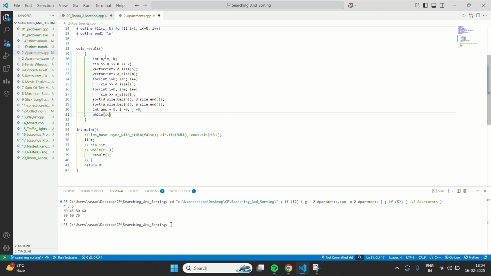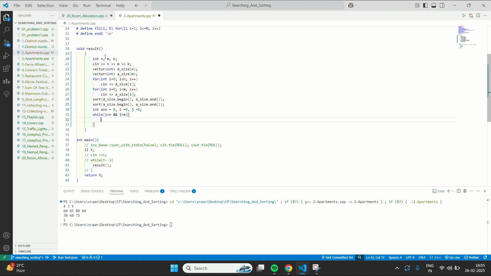While i is less than n and j is less than m, because we will be running this loop only while we have a valid customer and a valid apartment.